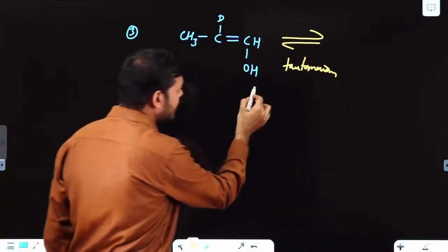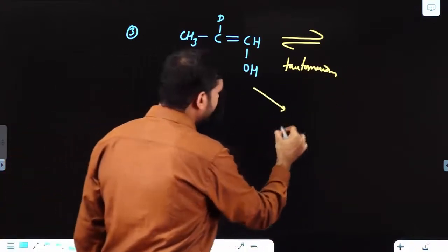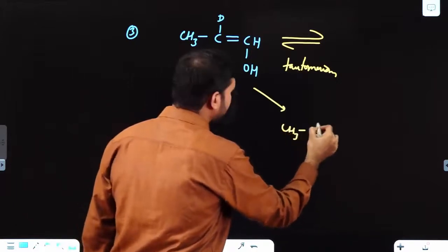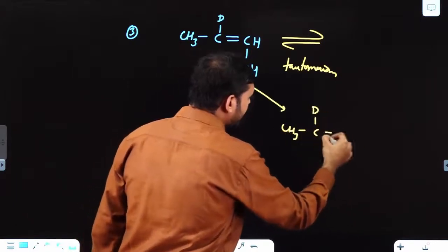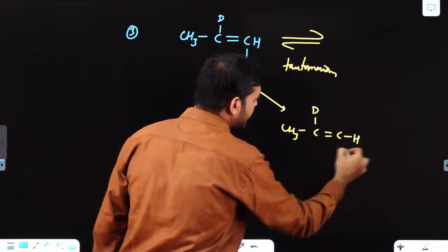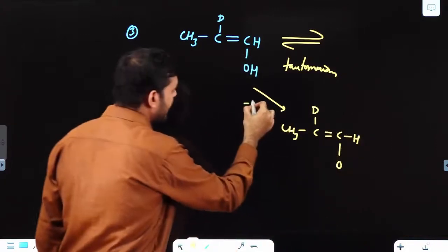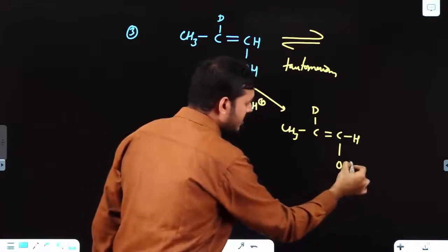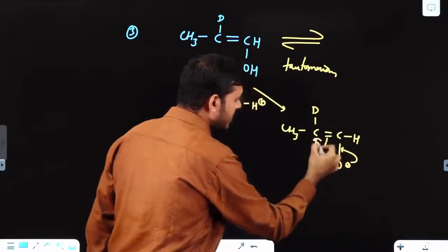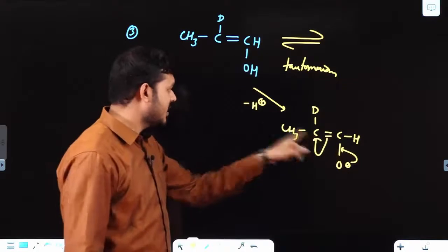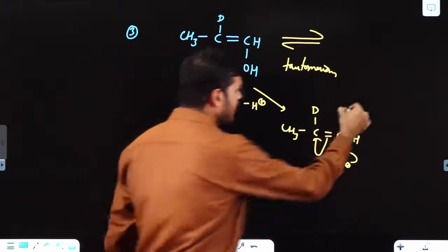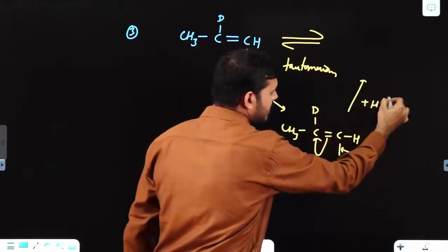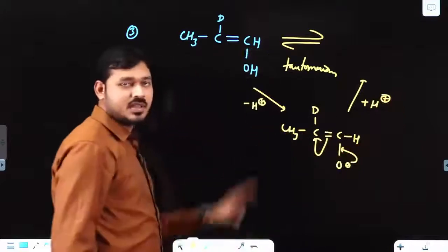Suppose I am just making one step. You can understand, CH3 having deuterium, double bonded carbon with H, this O. Suppose H plus is removed, this will become O minus. This will make resonance this side. This minus comes here, C minus, and then this H plus will be attached here, plus H plus. Just to show you in a simple mechanism.